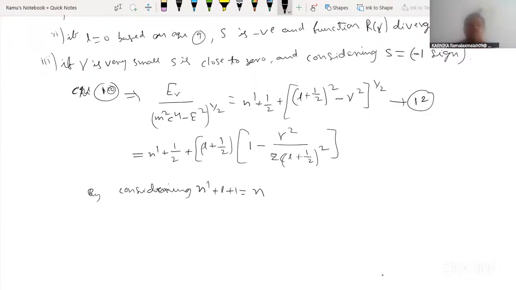Okay, simplify the equation. Here 1 minus gamma squared by 2 into l plus 1 by 2 whole bracket, that is A.